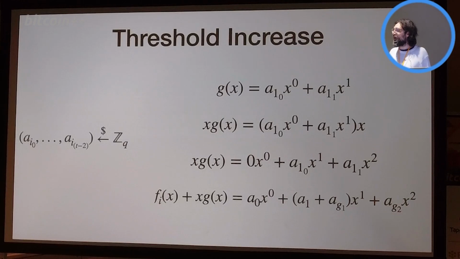So it's this way of taking a t minus 2 degree polynomial and converting it non-interactively into a t minus 1 degree polynomial. And so we have one less coefficient that we need to verify and distribute. Whereas if we did the alternative method of just creating this polynomial with the 0 term and the higher degree, we'd have this extra coefficient. So it's a slight optimization.